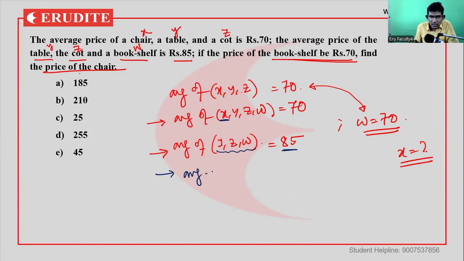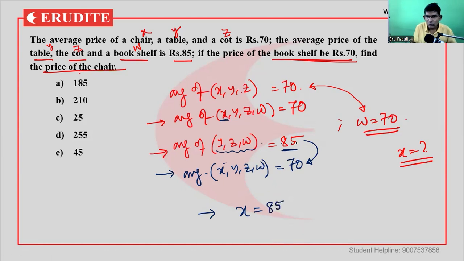Then when I include X with this group, the average decreases to 70. So what's the value of X? Again, if I apply simple logic, if the value of X was 85, then there would be no change in average. But the average has decreased, which means the value of X must be less than 85.